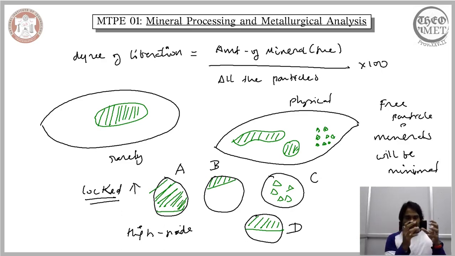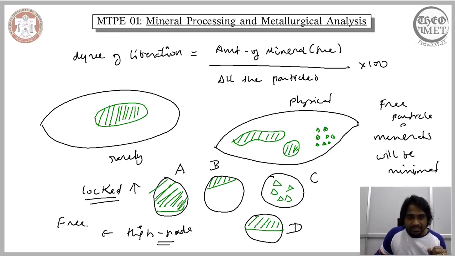So, in the case of imposing comminution on a physically available mineral, we get these four types of locked particles. When you have a category of locked particles which is predominantly comprised of our desired mineral, we refer to them as high grade particles, and this is treated like the free particles which comprise exclusively of the mineral.